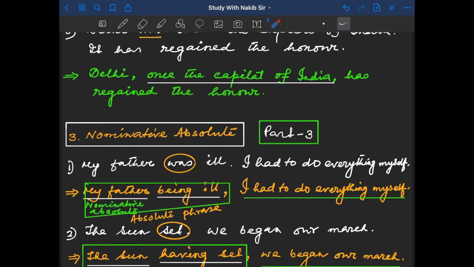With the help of this absolute phrase, you can combine these two sentences into a single simple sentence. So your combined simple sentence is, my father being ill, I had to do everything myself. Your work is done. Understand? I think it is clear.